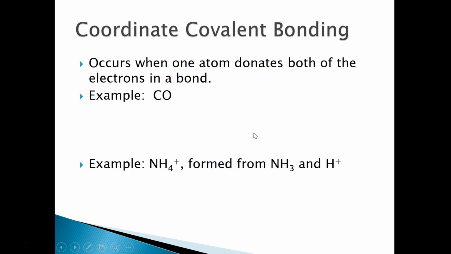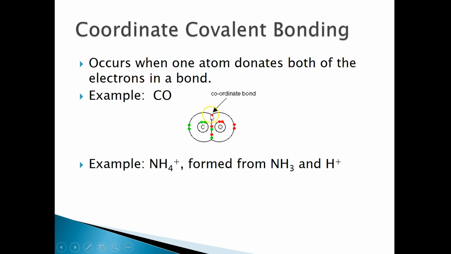And finally, coordinate covalent bonding. We talked a little bit about coordinate bonding in topic 2.2. But we're just going to bring it back up here. So coordinate bonding occurs when one species involved in a bond will donate both of the bonding electrons. A great example of this is carbon monoxide.